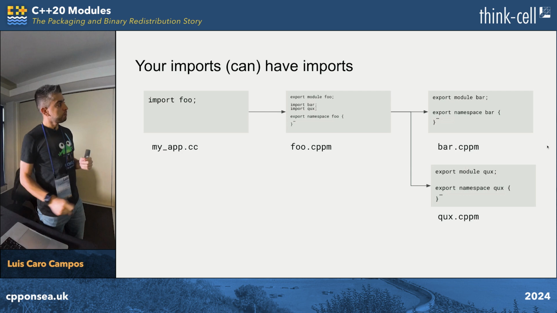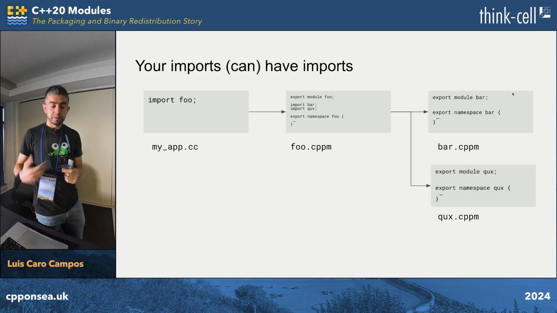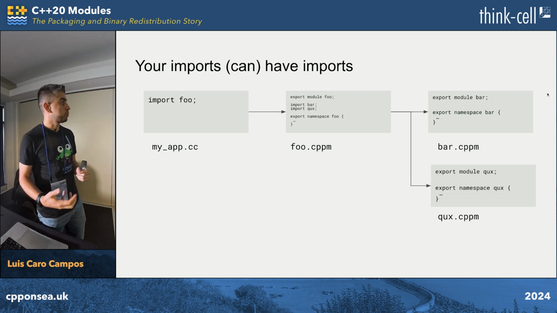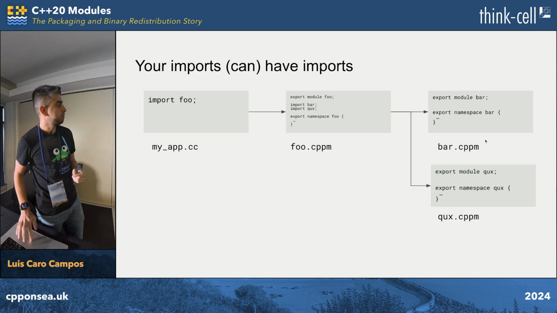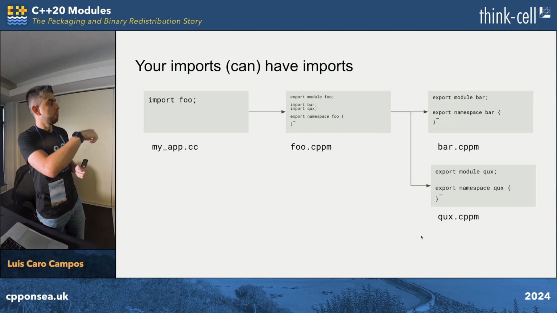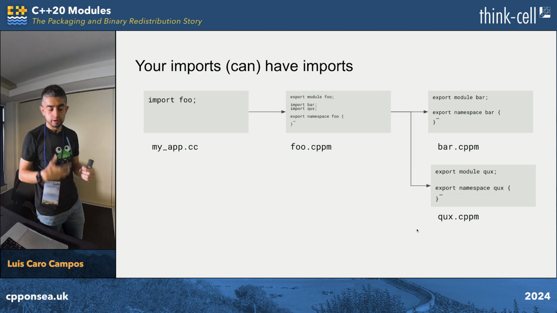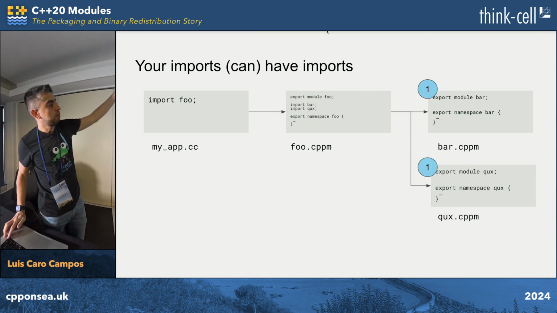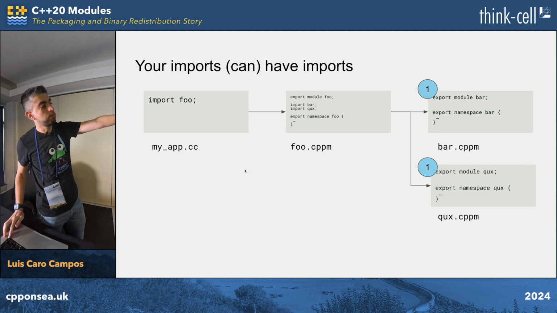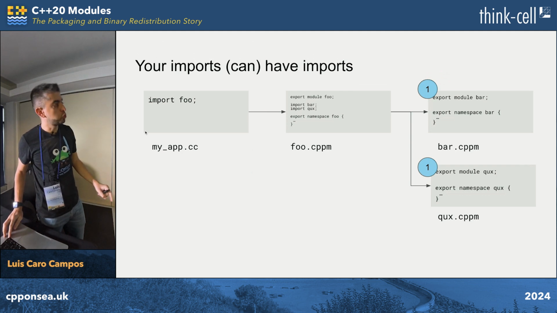Now, your imports can have imports, and I suspect that over time this is likely what's going to happen. So if I have my application that imports foo, but actually the foo module imports two other modules, then the compilation order will matter here. I can probably compile those first in parallel because there's no dependencies between them and they don't have dependencies on other modules.